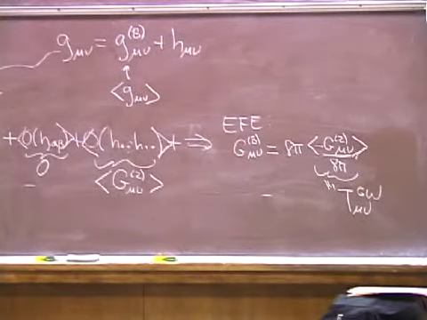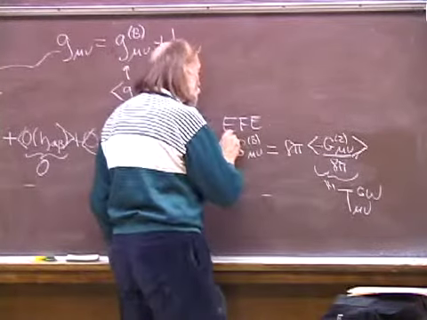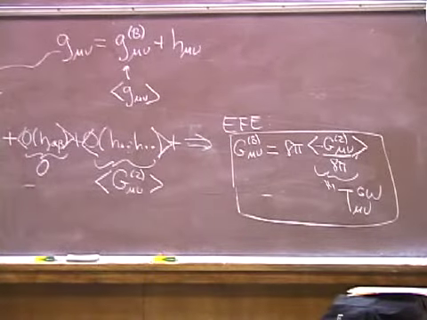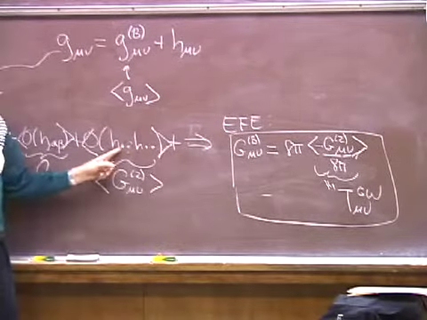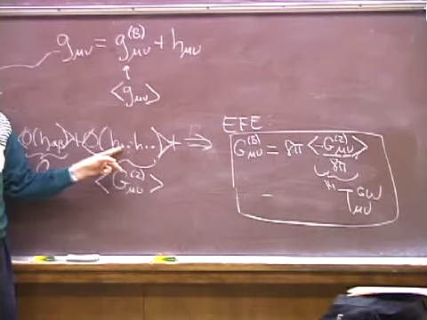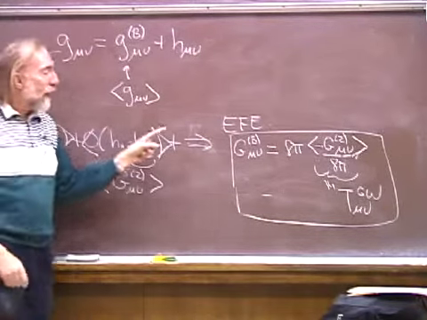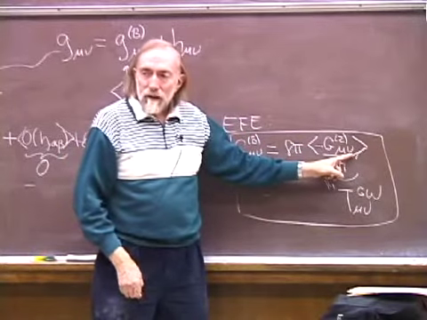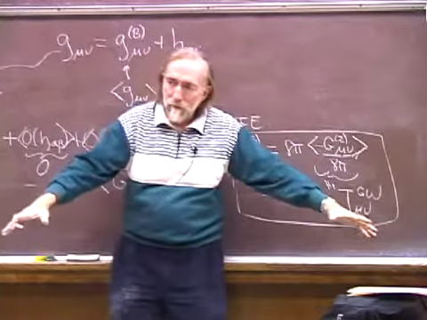It's a definition. Okay? It's a true tensor in the background space-time. It's a tensor field. It's constructed from the gravitational wave fields. These h's in here are the metric perturbation. It's constructed from the metric perturbation, and it's second order in the metric perturbation. You have a value at each point in space-time, but because of this averaging, it's smooth on the scales of a wavelength of the gravitational wave, but it will vary on longer length scales.